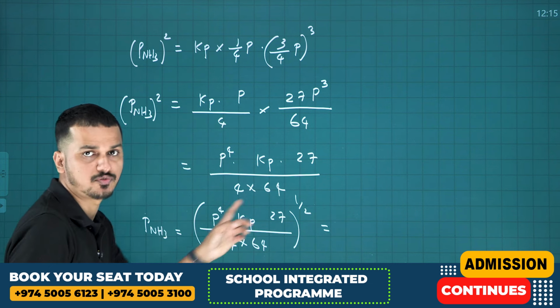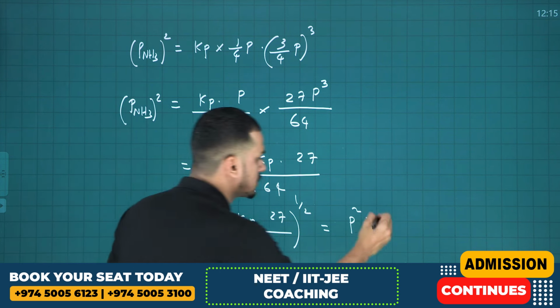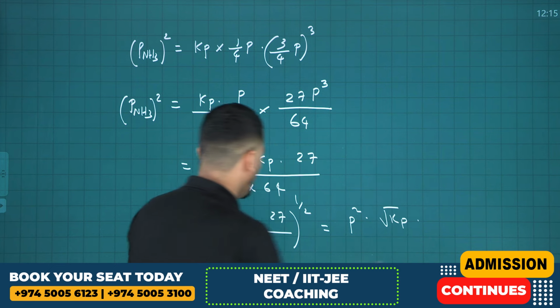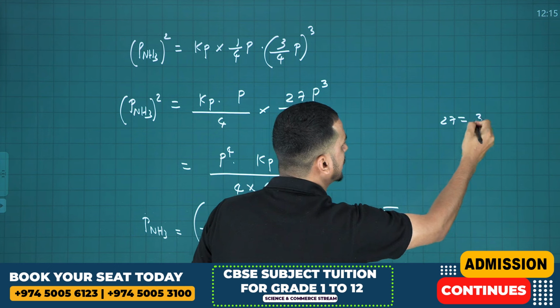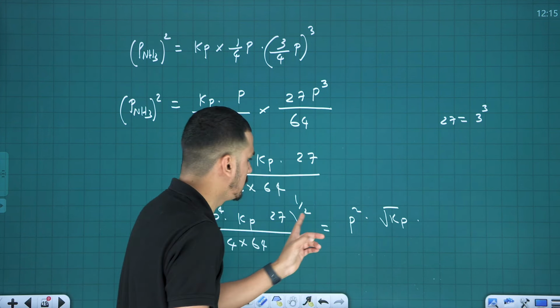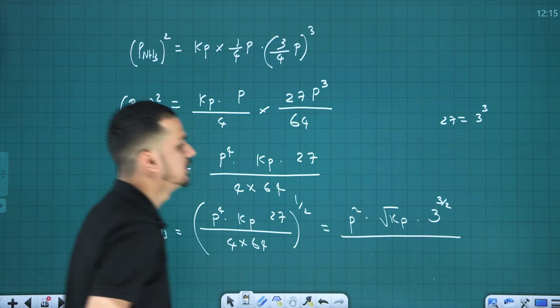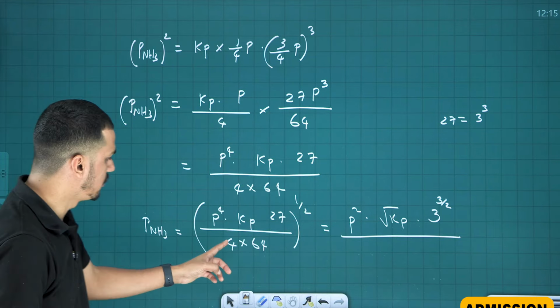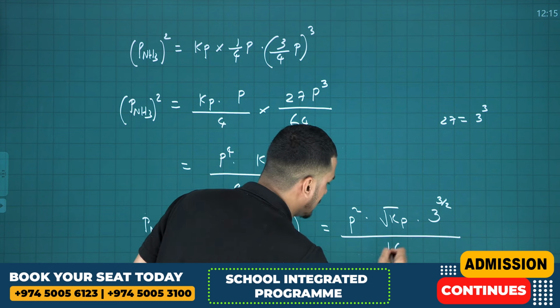P raised to 4 raised to 1 by 2 means P square. Kp raised to 1 by 2 means root Kp. 27 raised to 1 by 2: 27 is 3 cube, so 3 cube raised to 1 by 2 is 3 raised to 3 by 2, divided by root of 4, which is 2, and root of 64, which is 8. So 2 into 8, 16.